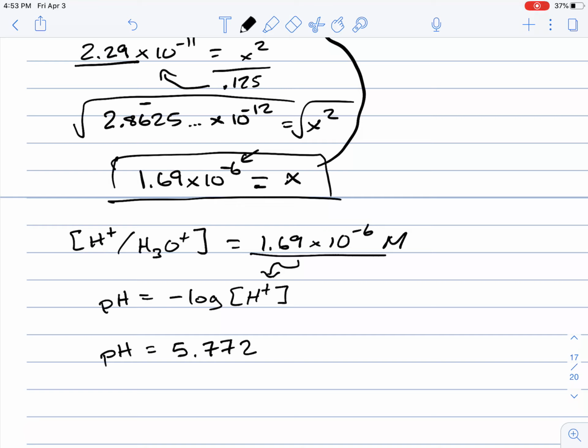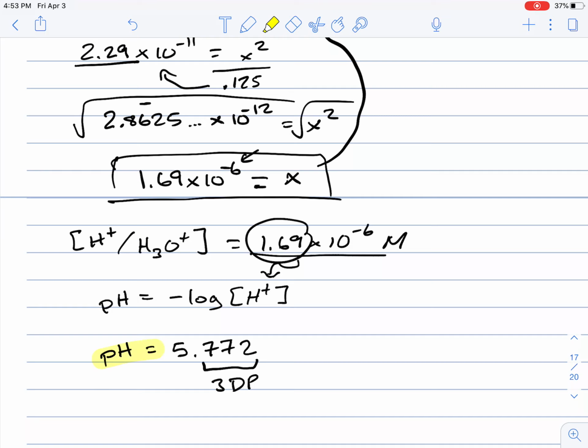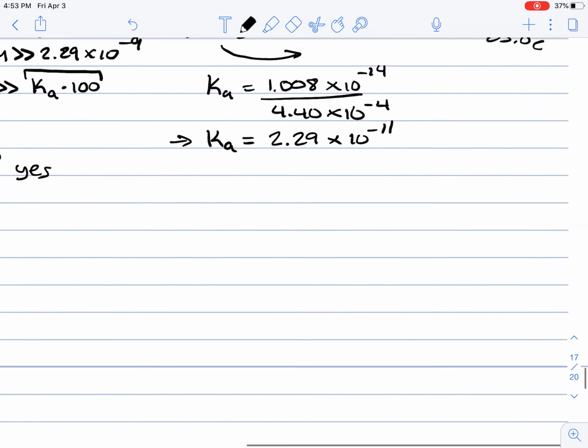5.772. Notice how there are 3 sig figs before we plugged it into the pH equation, and that means we're going to have to report 3 decimal places. Okay, and that's pretty much it. We've quantified the value of the pH, and it's going to be 5.772.